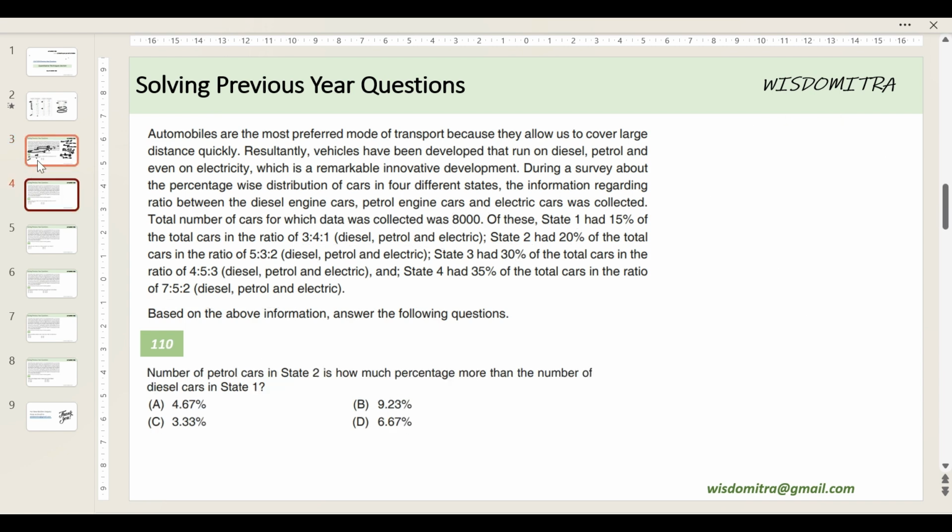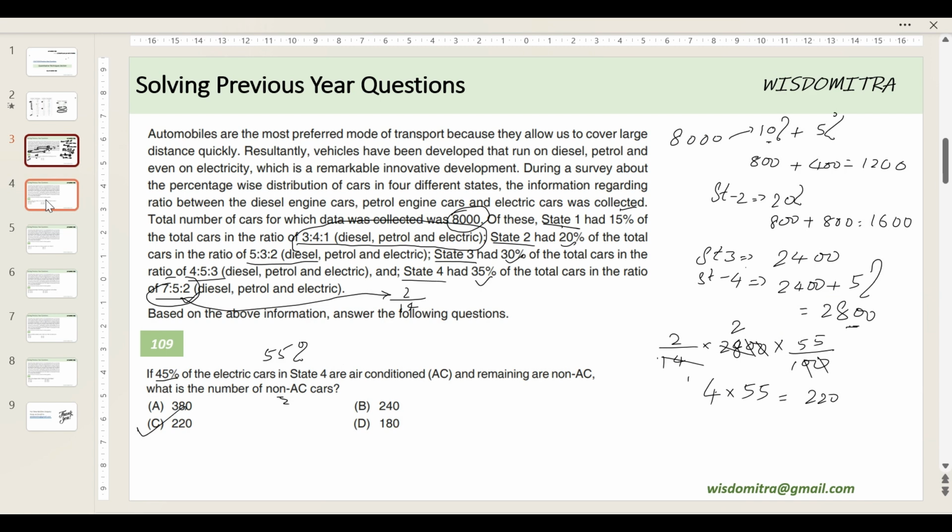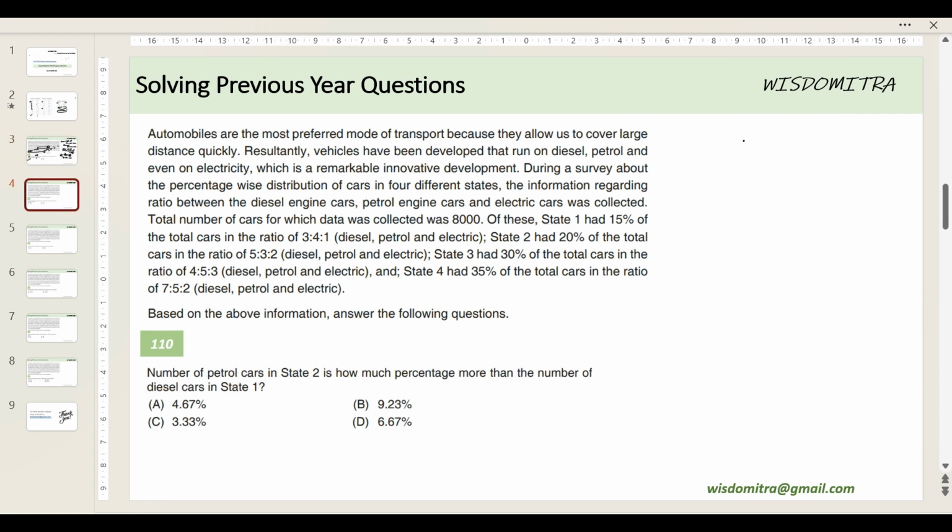We can write this up, right? 1200, 1600, 2400, 2800.